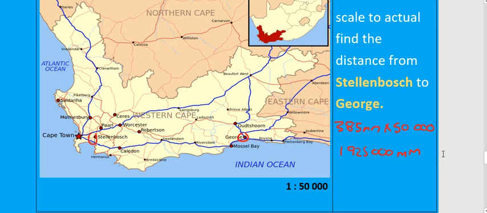You could also measure in centimeters. Doesn't really matter because at the end we are going to convert this distance anyway. So that is our real distance, but this distance is now in millimeters. And of course, we know that distance from one place to another must be written in kilometers. All right, so we need to convert that distance to kilometers.